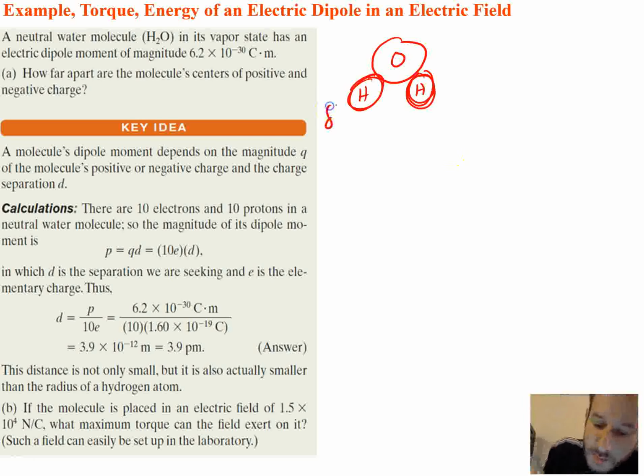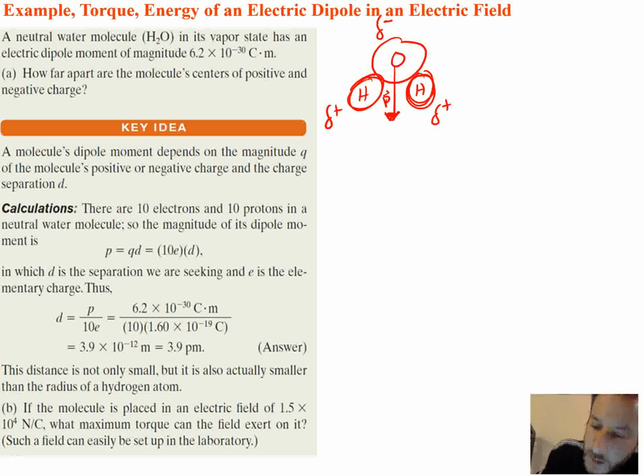So we'll use delta positive. The hydrogen sides are going to be slightly more positive. The oxygen side is slightly more negative, and what that creates is a dipole moment, p, somewhere near the middle of the molecule. All right, so it's going from the slightly more negative side to the slightly more positive side.